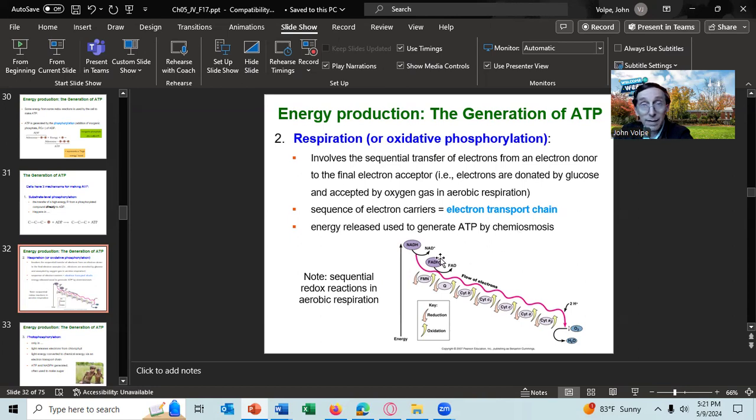But the point is, in respiration, when the electron is moving from one molecule to another, that electron gives off energy. And so the energy is not released all at once.